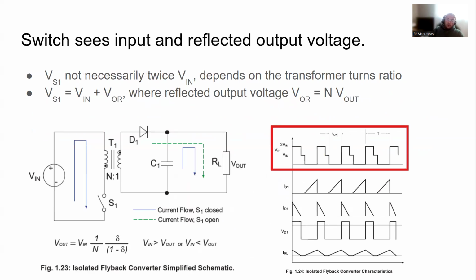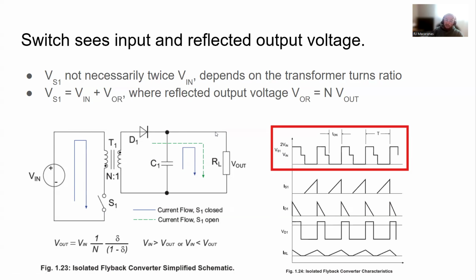All right, so going a little bit deeper into this flyback converter. This is just me poking at the book a little bit. They put these waveforms in, which are somewhat easy to follow, but I don't necessarily agree with this 2V in, which is showing the peak voltage across S1.